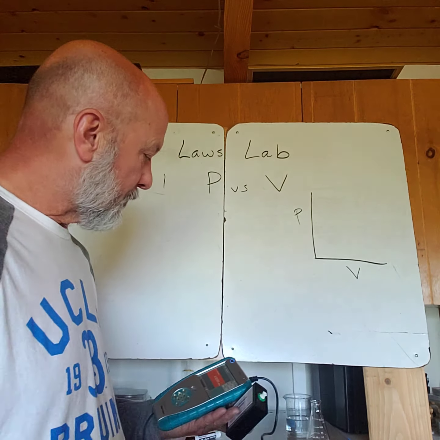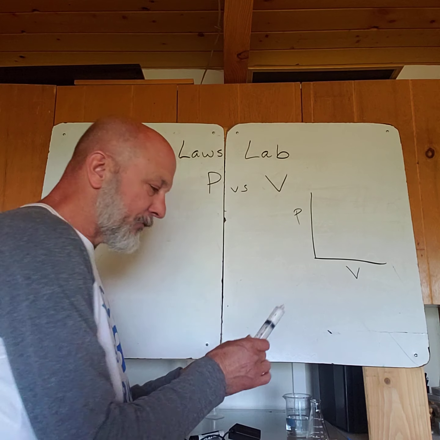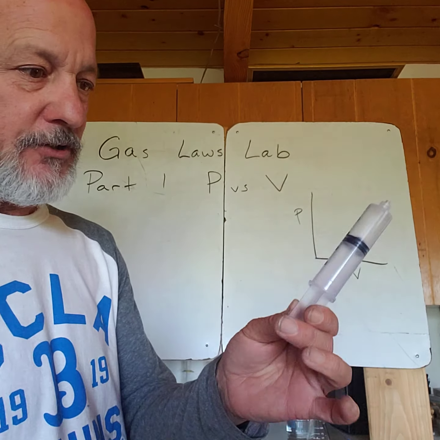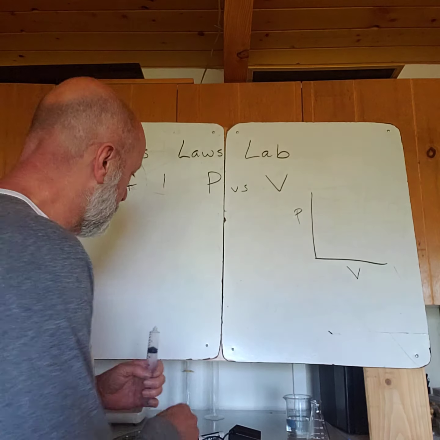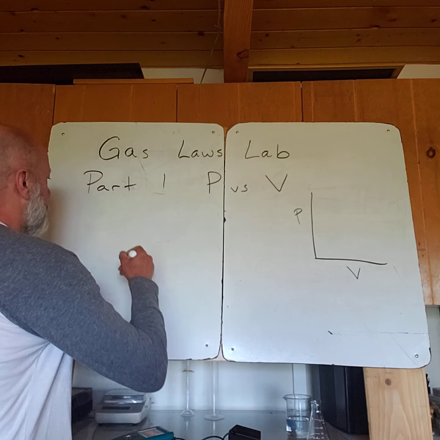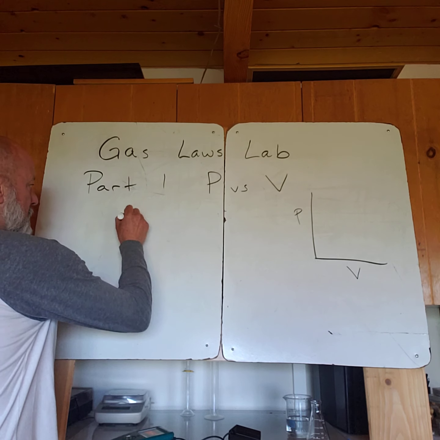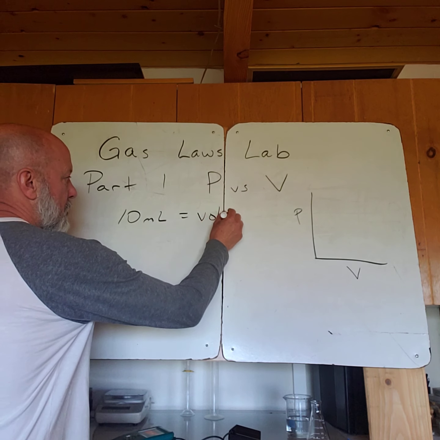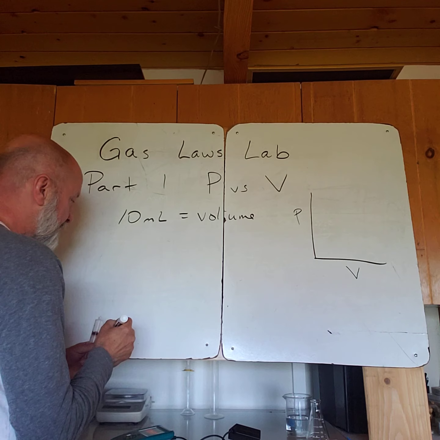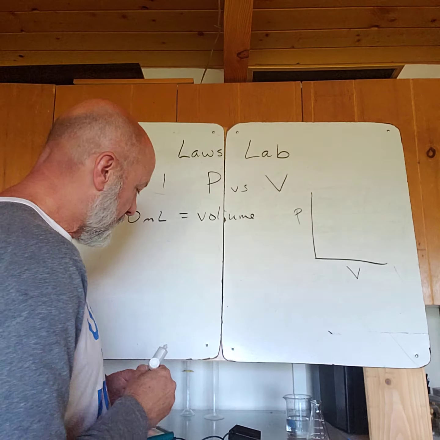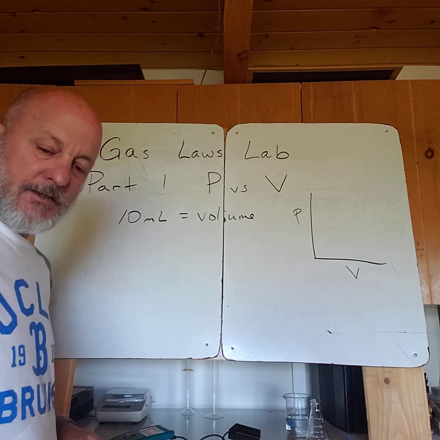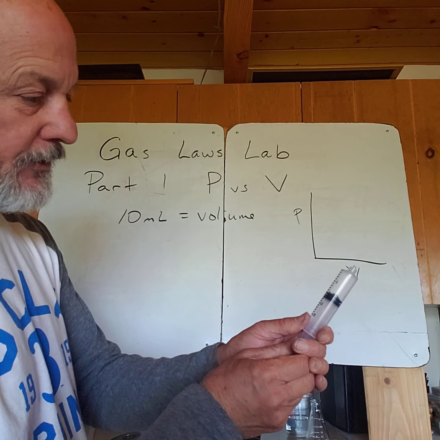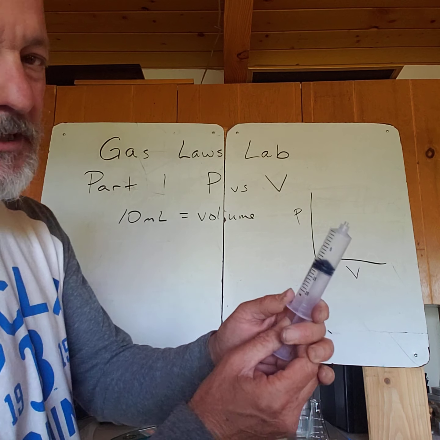Now, the gas that we're going to test is the gas in the syringe. We're going to start at 10 milliliters volume. That's going to be our starting volume. You might say, wait a minute, where is 10?